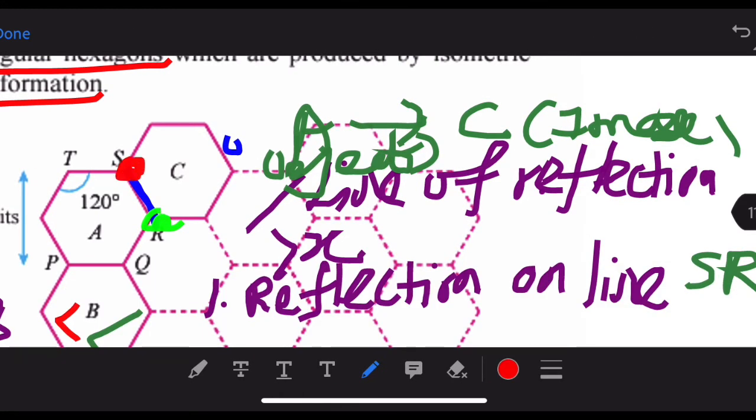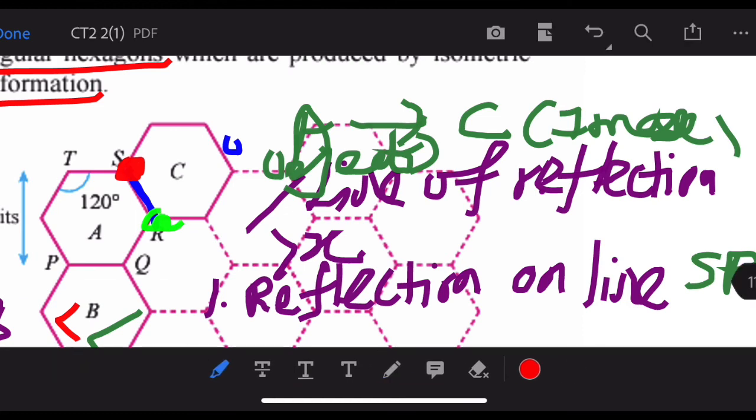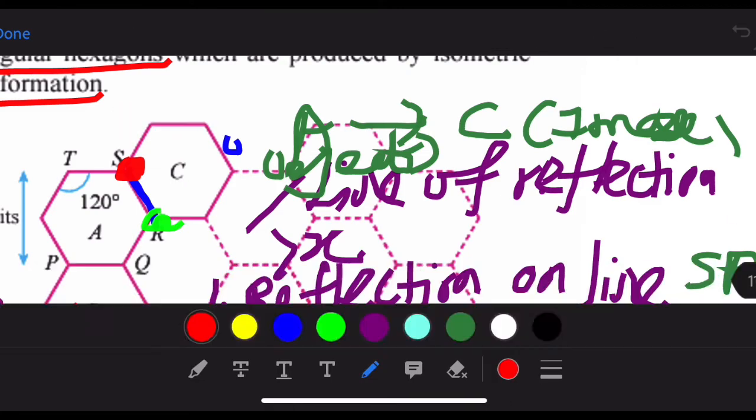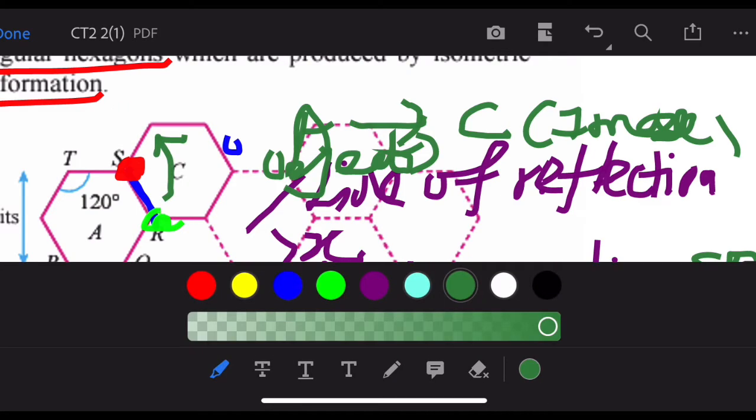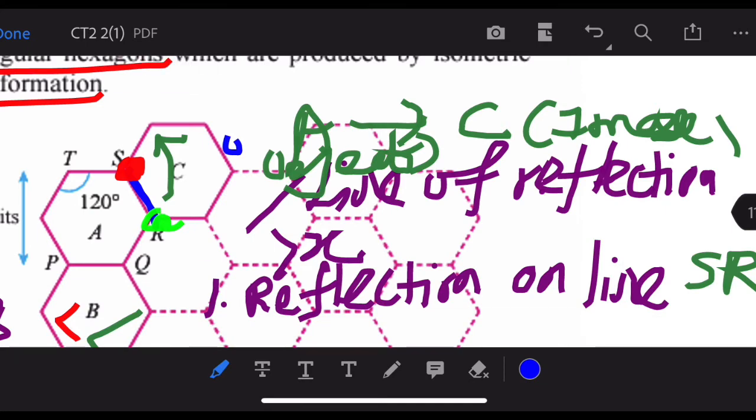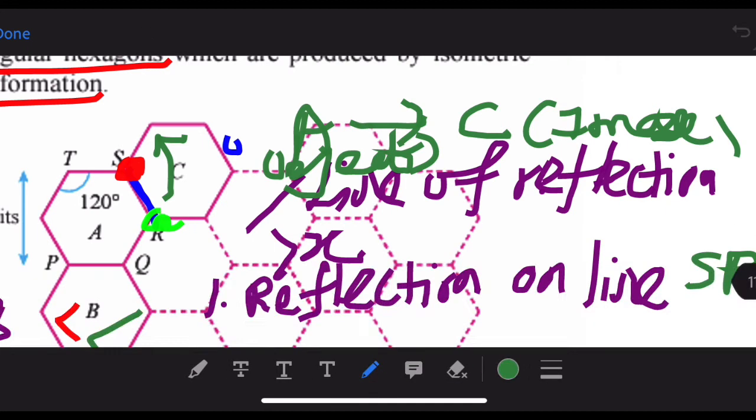If we rotate, the green one will move, right? So this green point will move to, let me write the R prime using the blue color to show that this is the R prime. So the angle is 120 degrees.